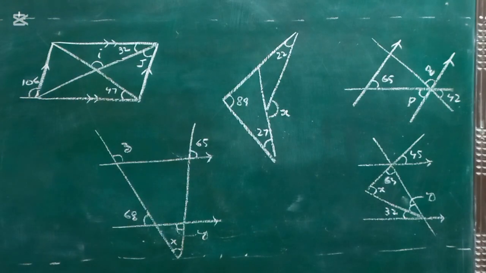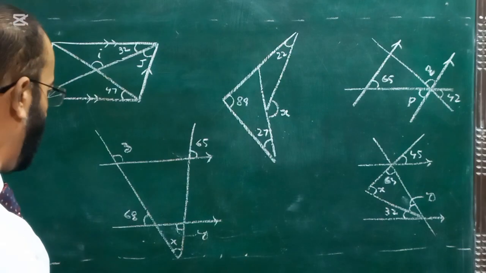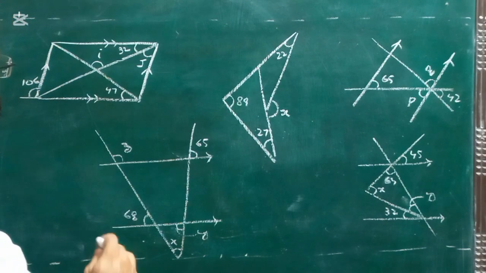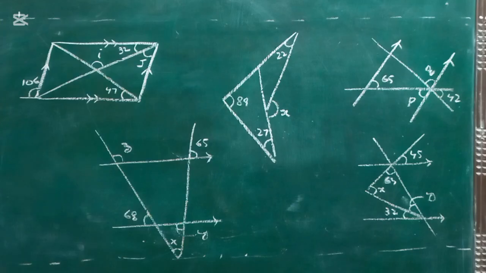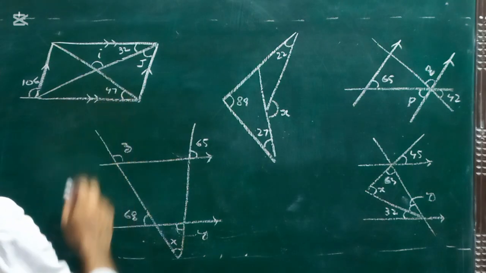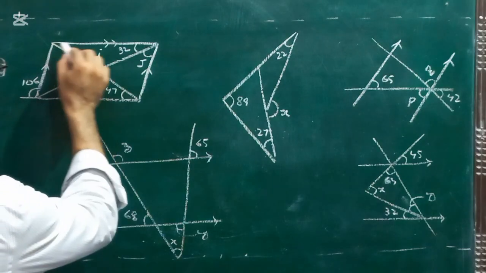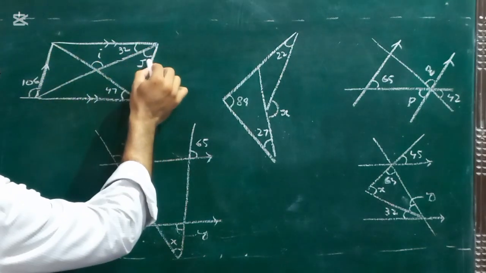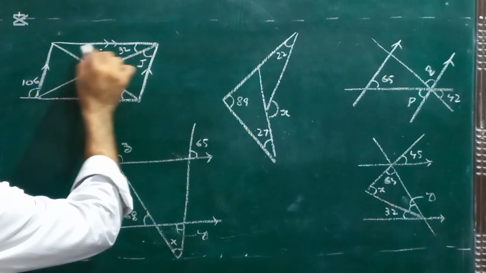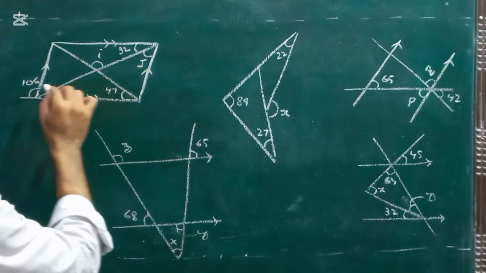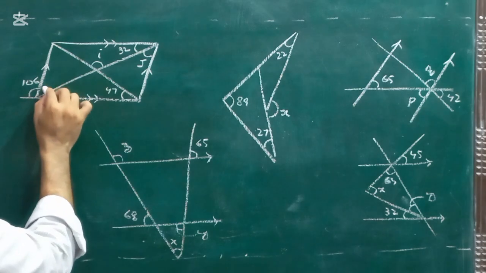Here are some more questions on triangles. In each figure, the unknown variables are the requirement. Find the value of the unknown. Okay. In this question, I and J are missing. These two are parallel lines. Okay. Because this is a parallelogram, this angle 32 plus J will be equal to this angle.